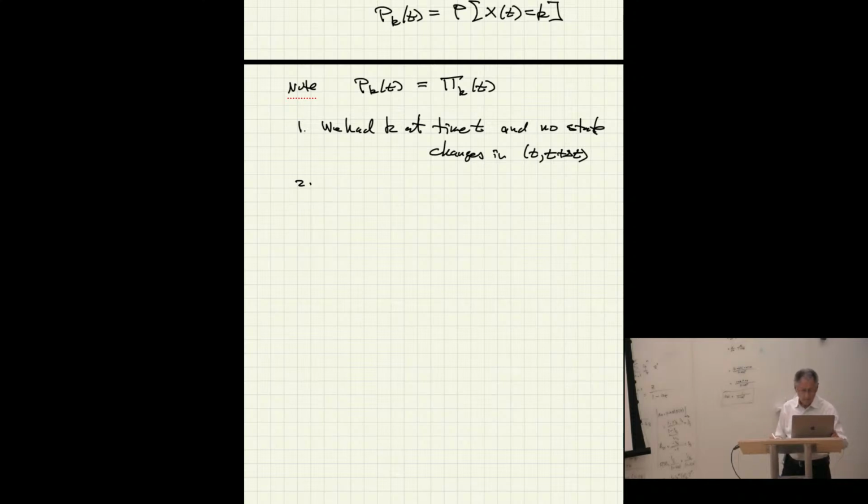Or we had k minus 1, one too few, and we had a birth in this interval. Or similarly, we had one too many, and we had a death.